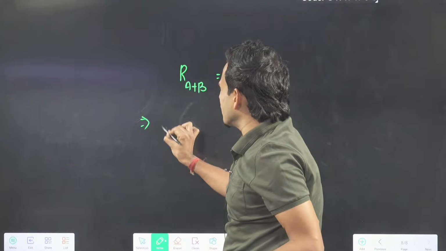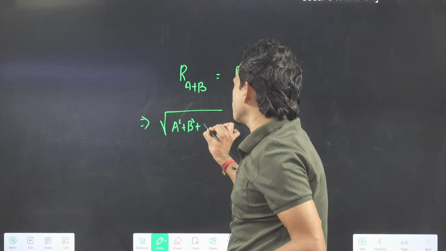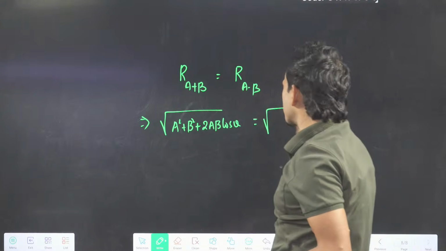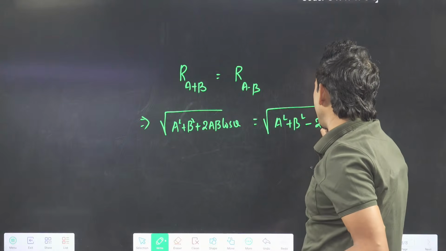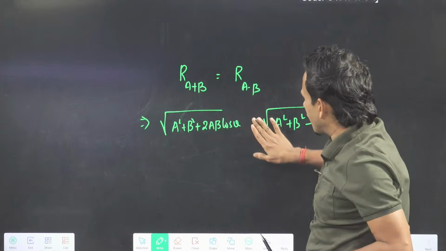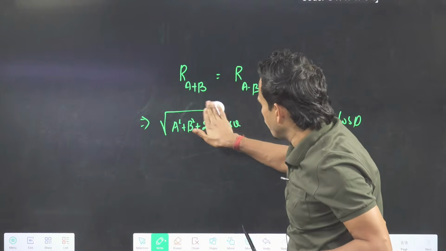Magnitude of resultant of addition we know is under root of A square plus B square plus 2AB cos theta. Magnitude of resultant of subtraction is under root of A square plus B square minus 2AB cos theta. We can square both sides, so the under root will be removed.